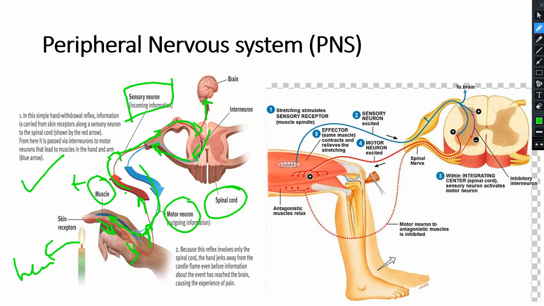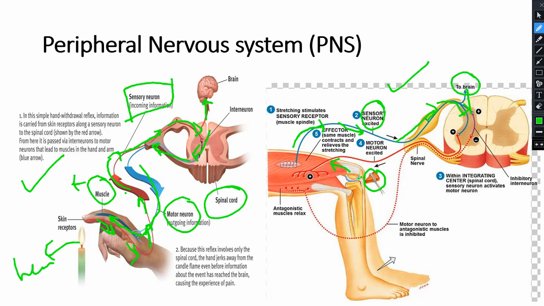Okay, here is another example. The person is trying to strike a hammer. So when he strikes a hammer, this person has a receptor. This receptor will receive that stimulus, and it will create an impulse, and that impulse will pass with the help of sensory neuron toward the spinal cord, and then it will go to the brain.